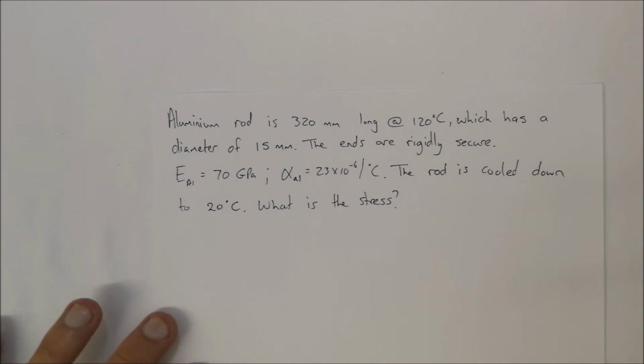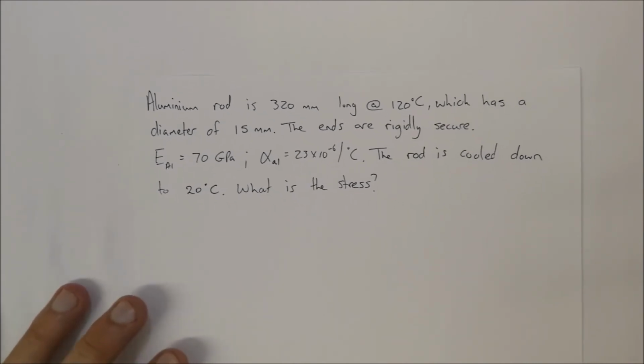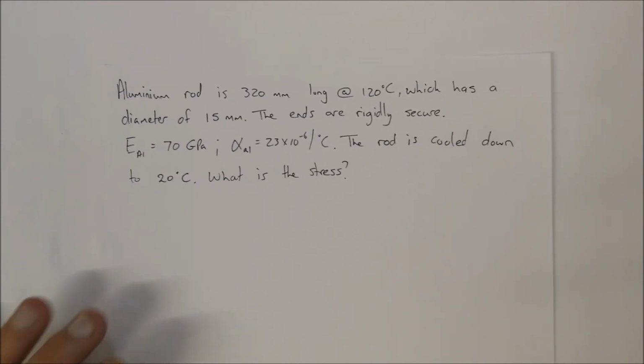Okay, so let's have a look at an example where we've got an aluminium rod, and this aluminium rod is 320 millimeters long and at a temperature of 120 degrees Celsius. This specific rod has a diameter of 15 millimeters. The ends are rigidly secured.